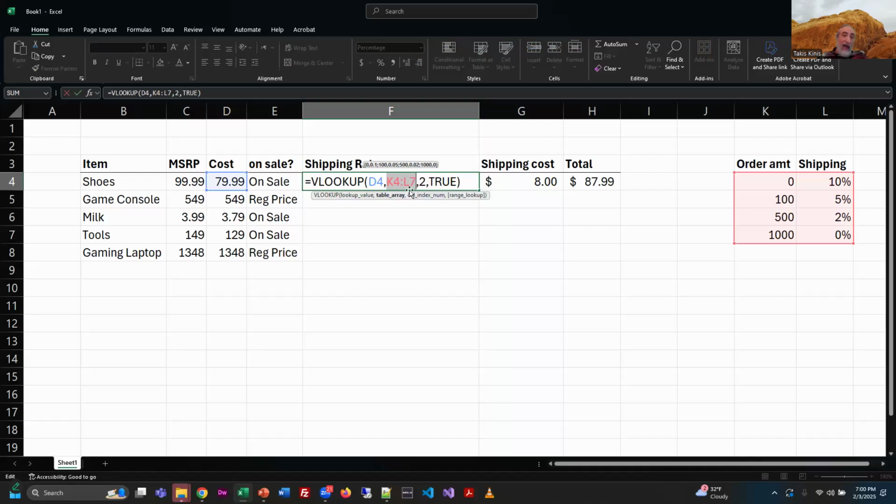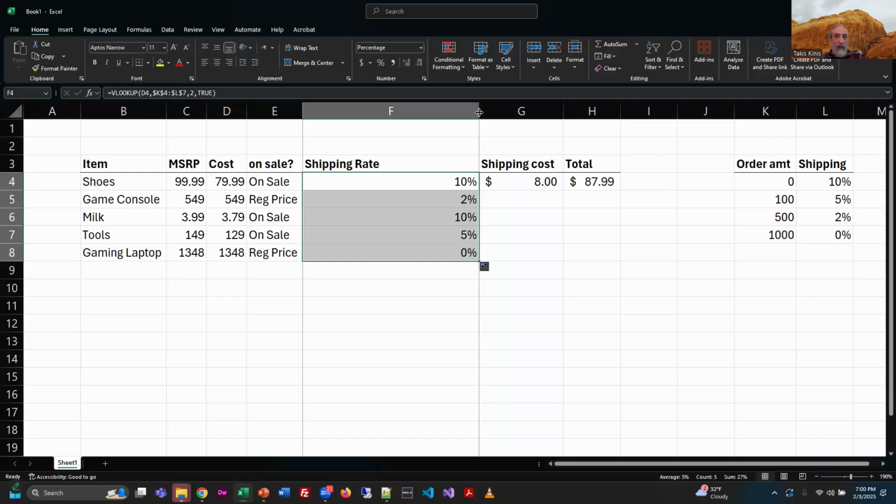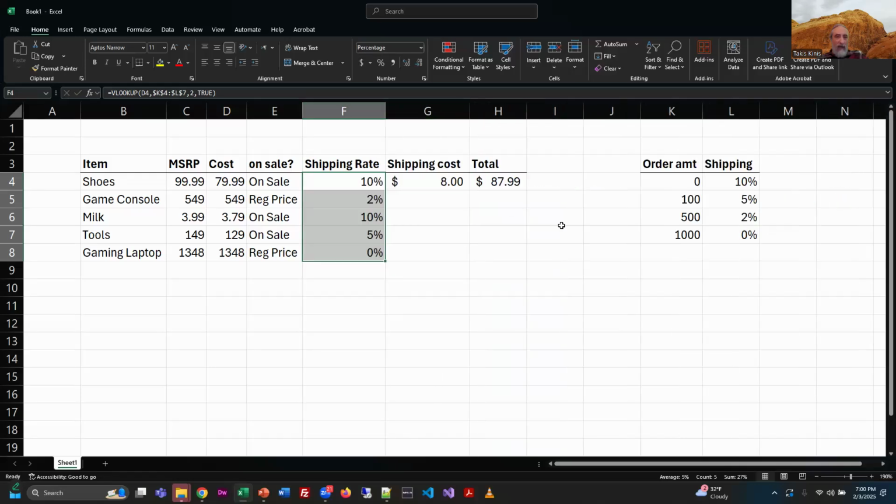It's going to say K5, L8, K6, L9, right? So that's one of those where I have to press the F4 and put the dollar signs in there. All right, and then lock it in. Then I should be able to drag it down, and it should give me the right shipping percentages or shipping rates right there.